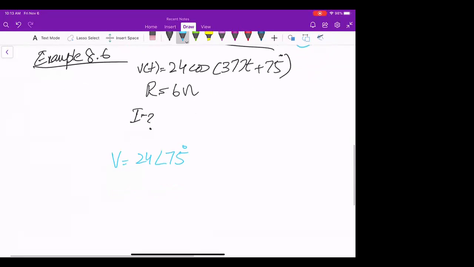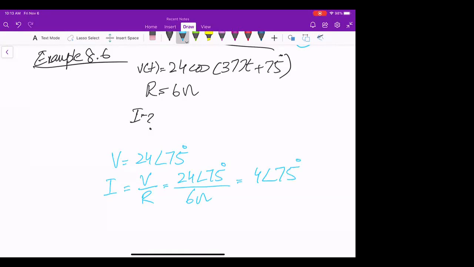And if we solve for I, that will be V equals IR, so V over R, which will be equal to 24∠75 over 6 ohms. Because the resistor does not have any phase in it, its phase is 0. So we can just write it like this, 4∠75.